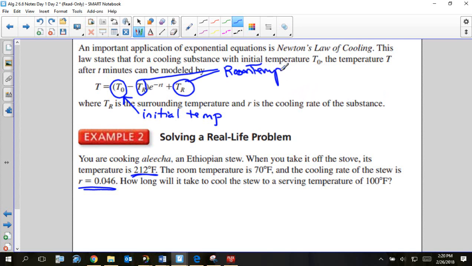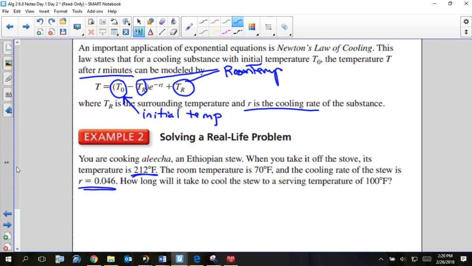So you would need to know the room temperature. So the little tiny r up in the exponent is the cooling rate. And then T up in the exponent is how many minutes it cools to give you this new temperature. So we plug everything into this formula using this stew that you're cooking.